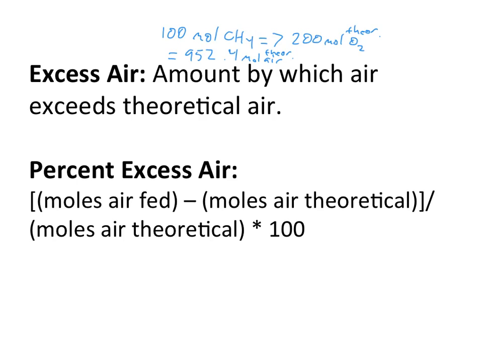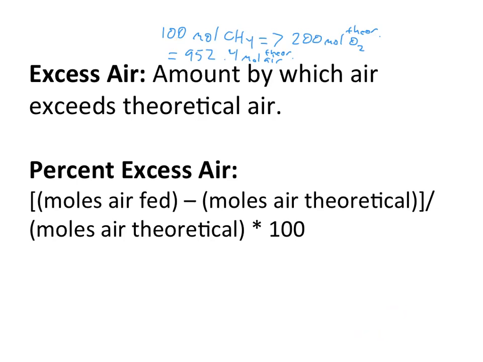So continuing with the example from the previous slide, we had 100 moles of CH4, which has a theoretical amount of oxygen for complete combustion of 200 moles, according to the reaction equation, which is equivalent to 952.4 moles of theoretical air. Again, this is how much air we need to completely combust CH4.